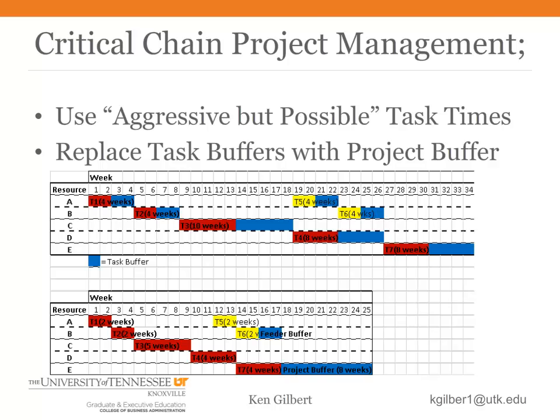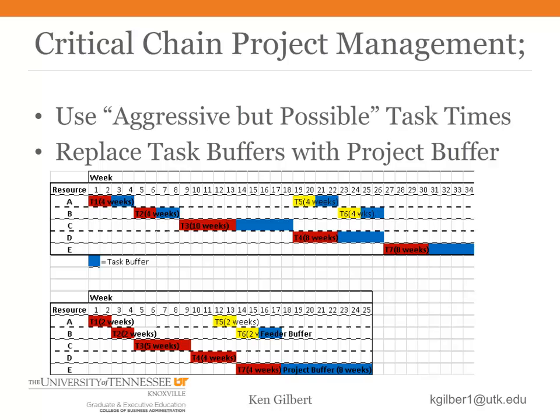CCPM says set a very aggressive task time. In our example, let's remove from each task the 50% of the time that we have called buffer. Before, the critical path was 34 weeks, and now it is 17 weeks. Second, let's give some of that buffer time that we took from the task to the project.